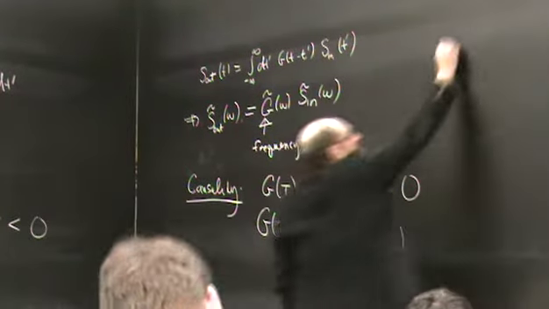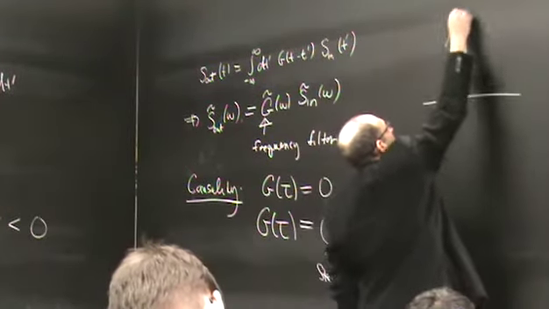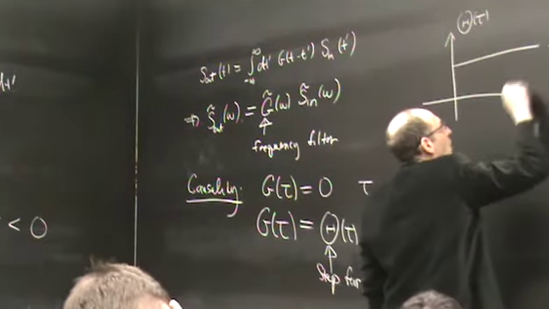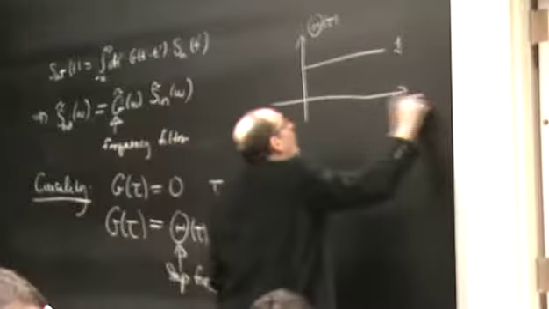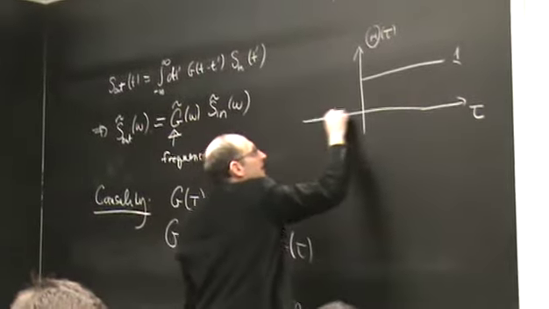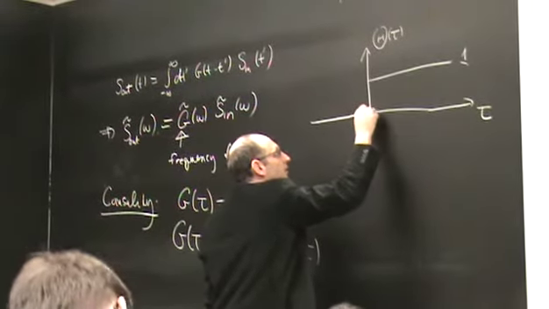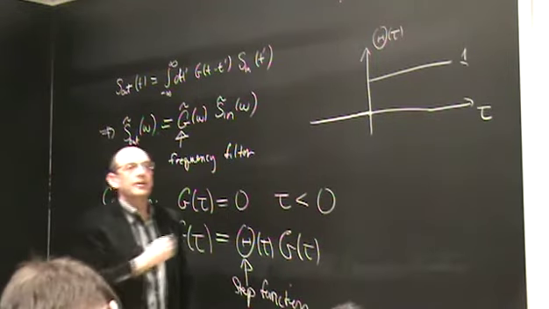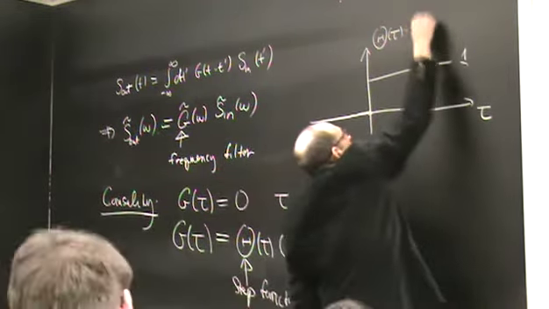So I'm defining the Heaviside step function, theta, as the function which is 1 when its argument is positive and 0 when its argument is negative. Okay? So that's what's known as the Heaviside step function.